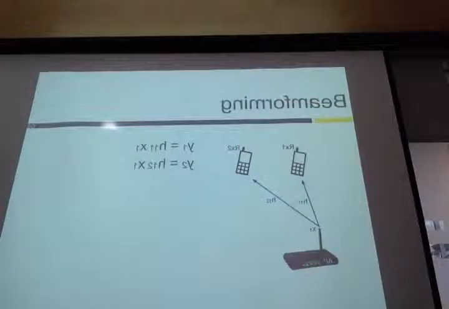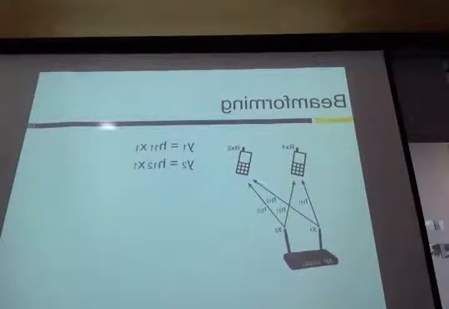Now we talk about how the CSI can be used for a technology called beamforming. To illustrate the idea of beamforming, we add one more antenna to the AP, sending a signal X2. So now there is another set of CSI, because based on the definition we previously introduced, CSI represents the channel states from the AP's antennas to receivers.